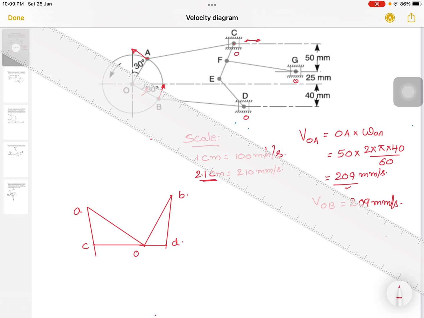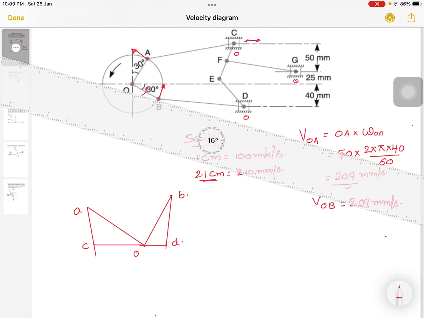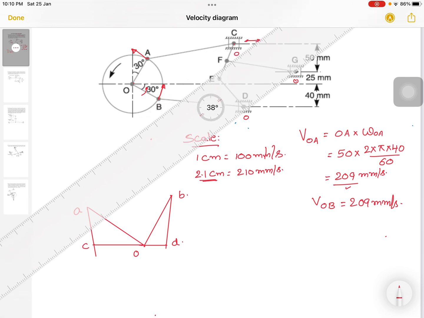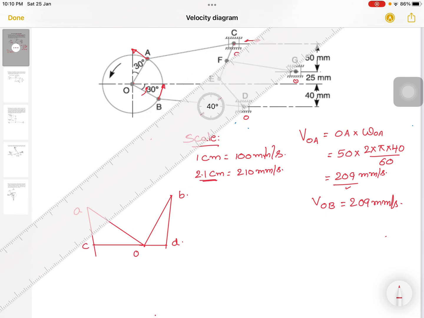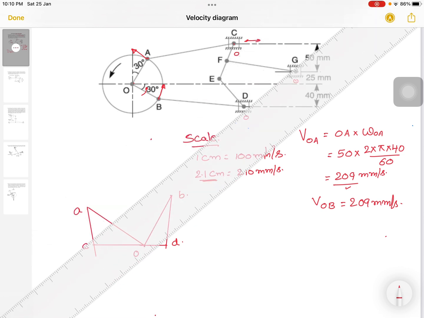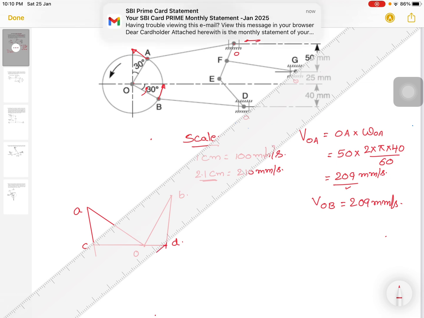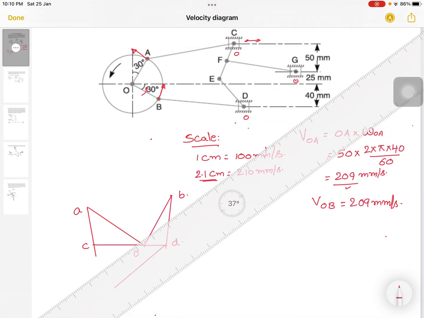Next, D is connected to E. From point D, draw a perpendicular line.